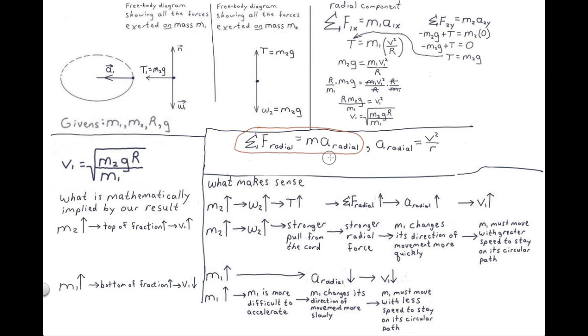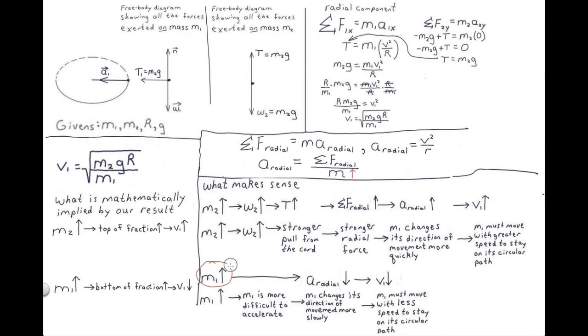Here is Newton's second law for the radial component. Let's solve this equation for the radial acceleration. That gives us the result that the radial component of the acceleration equals the net radial force divided by the object's mass. Now, let's suppose that we increase m1 while holding the other givens constant. The mass is on the bottom of this fraction. When you make the bottom of a fraction bigger, you make the fraction as a whole smaller.